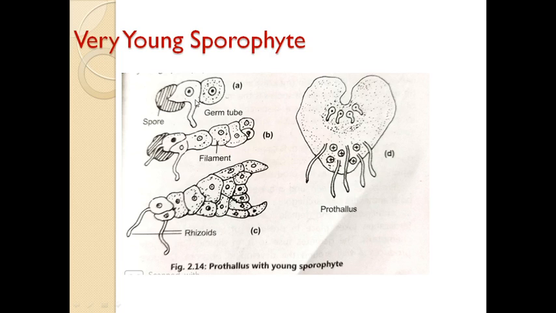See, this is the spore undergoing germination. It produces the germ tube, then filamentous, then forming the rhizoidal cell and the prothallial cell. The rhizoidal cell produces the rhizoid, and finally there is development of a heart-shaped prothallus, having both archegonia and antheridia.